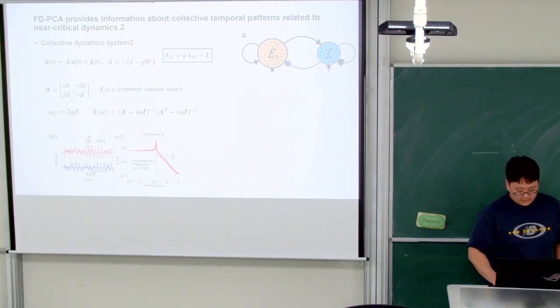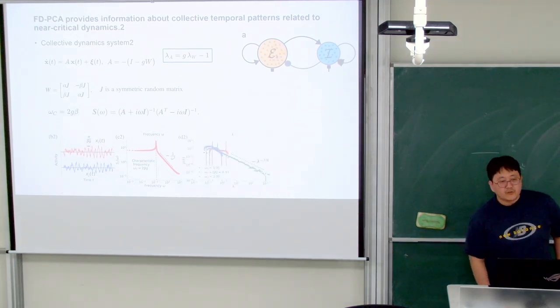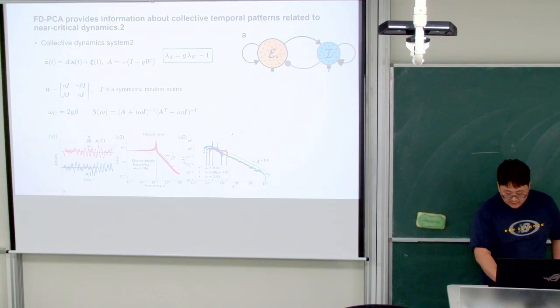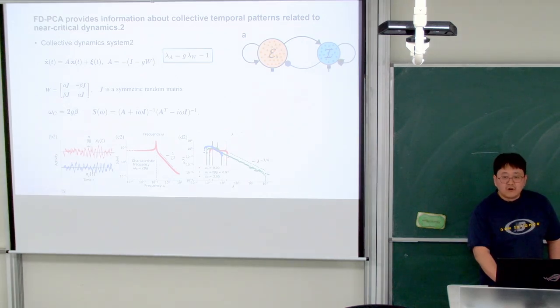So, okay, then let's compute the eigenvalue distribution. Let's focus on this green profile. At the critical collective frequency, the largest eigenvalue of the S is much larger than others. Right?